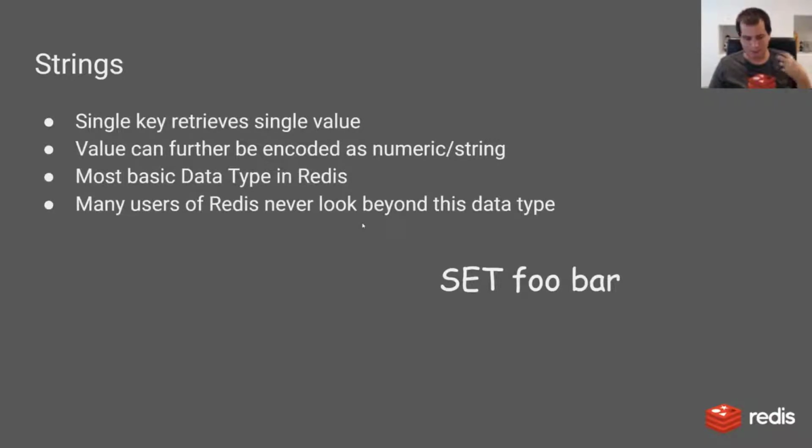That value can be encoded to a bunch of different types, like numerics and traditional strings, but they're fundamentally the most basic data type in Redis. Most of the people that use Redis use it as a cache, and they never really have to look beyond this data type. So SET foo bar, GET foo are the things that people traditionally use when they're using Redis.